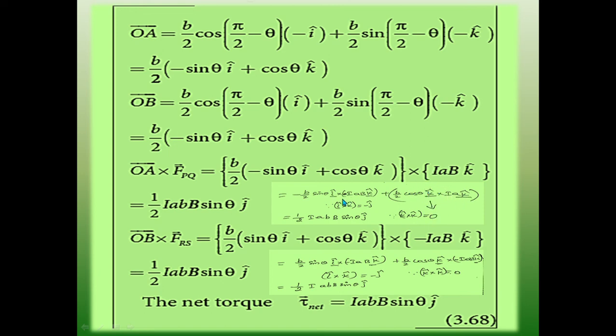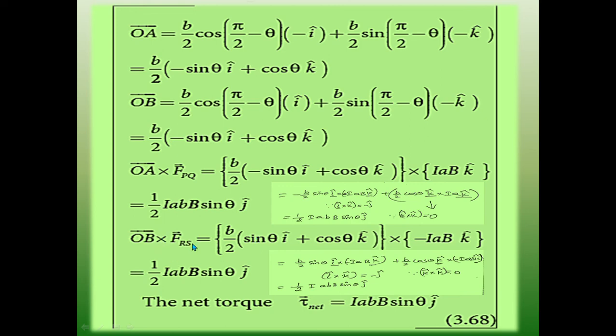Here i cap cross k cap is nothing but minus j cap. Minus into minus is plus. So the equation can be written as 1 by 2 I small a small b capital B sin theta j cap.